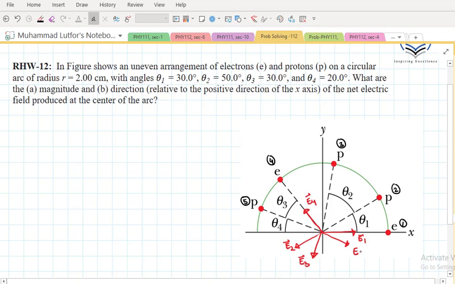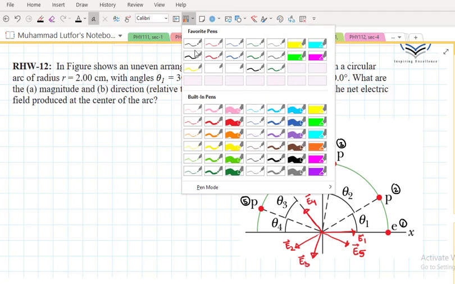This is E5, right? So these are the electric fields at the center of this circular track. Now I have to find the resultant of these electric field vectors.